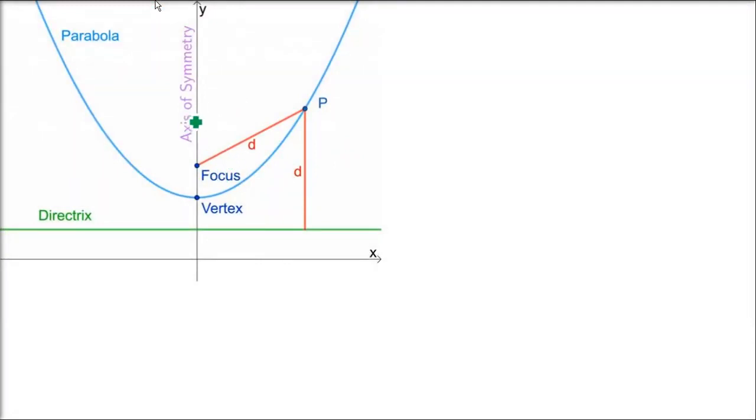Now let me take one of the conic sections, a parabola.